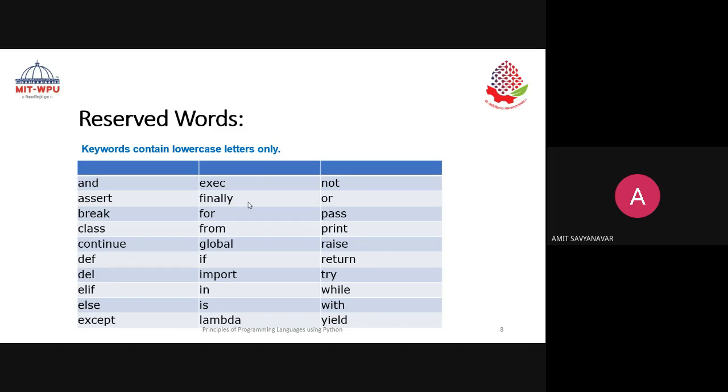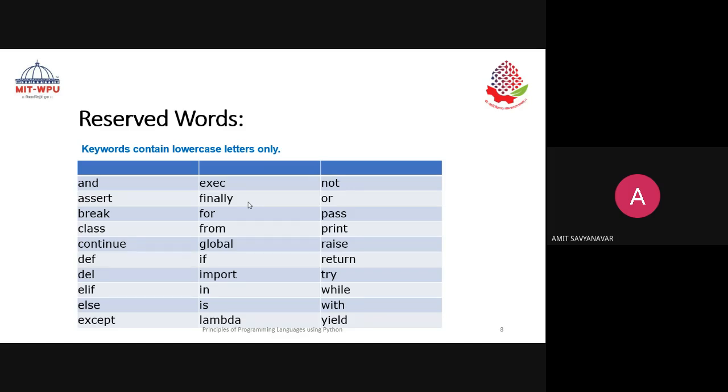Then there's a keyword which is called pass. Pass is basically a pseudo code, or it is required when the programmer has nothing to be written. Say there is if else, and if the condition is true, then there are no statements as such to be written.